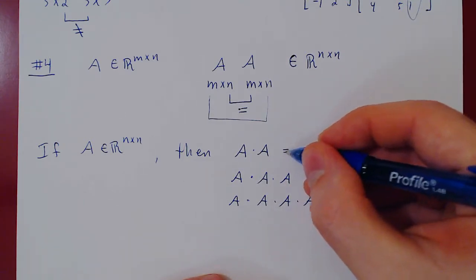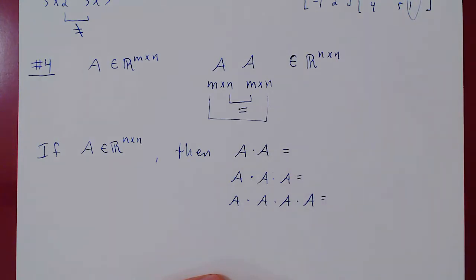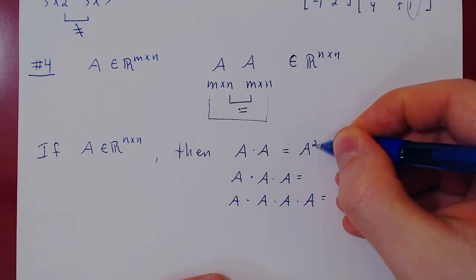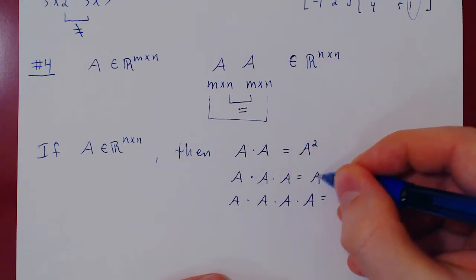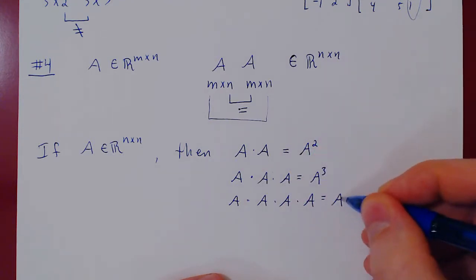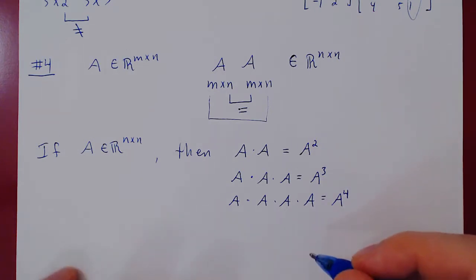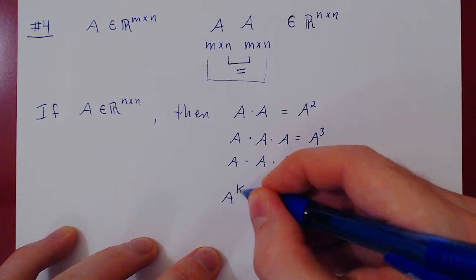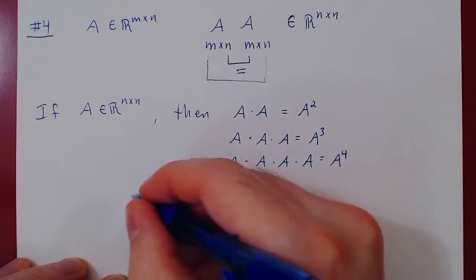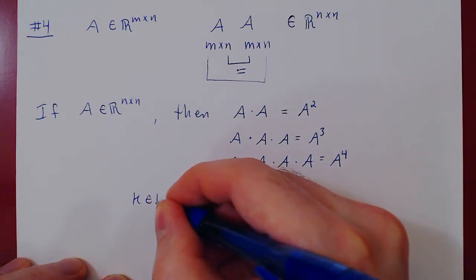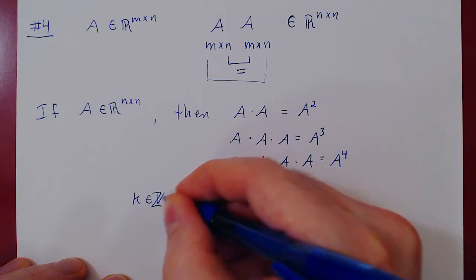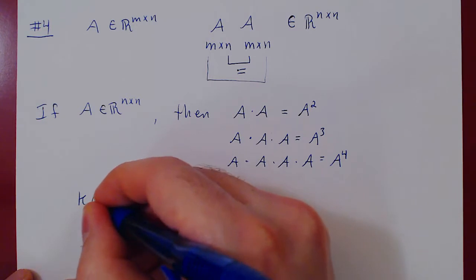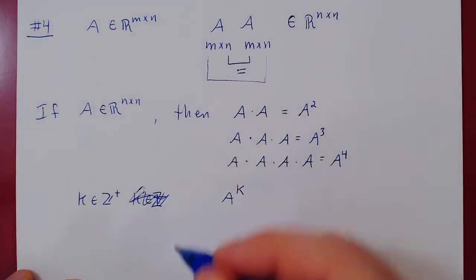Well, we'll use the same notation as we use for real numbers. This is simply denoted by A squared, A cubed, A to the 4, and in general, A to the K, where K is a positive integer, right?